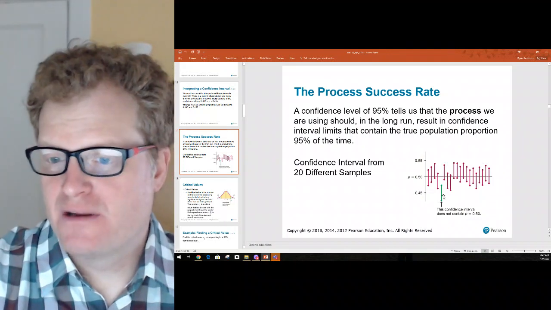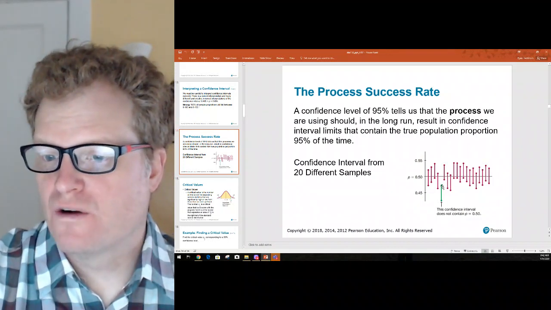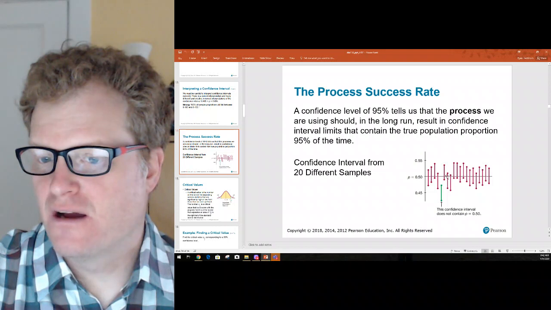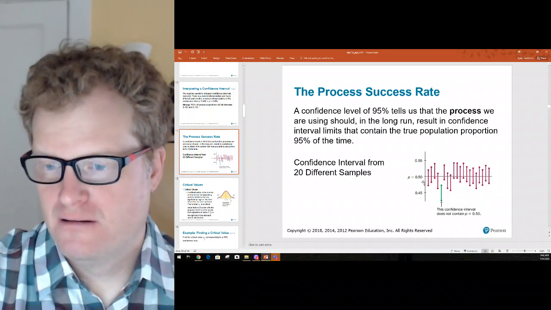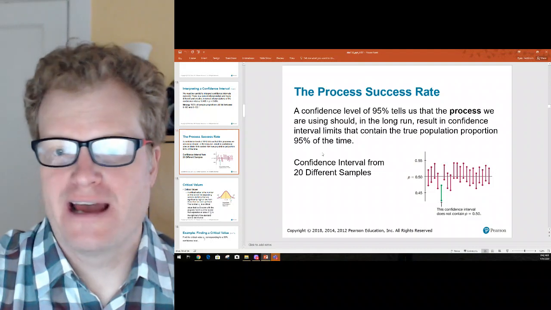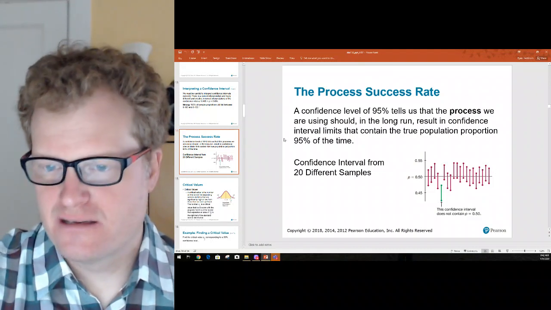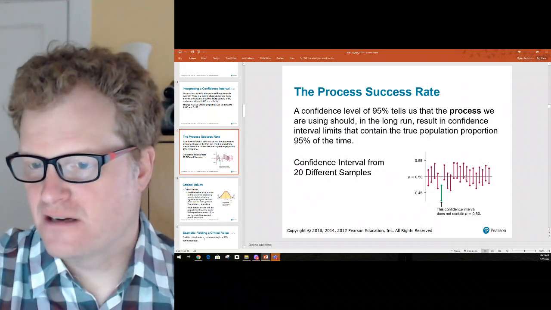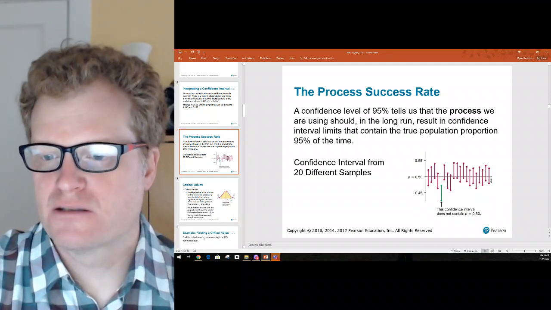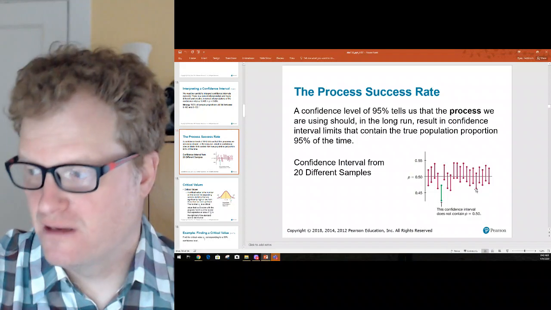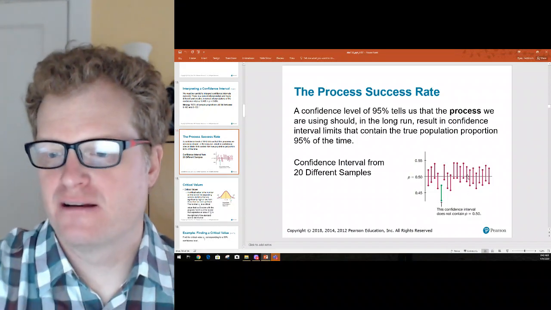And what's going to happen is that you're going to have some sampling where it's actually not going to be on exactly 0.5. You might get a run of one or the other. But most of the time, and not only that, 95% of the time, these confidence intervals that we generate are going to actually have this true population proportion within the margin of error that they establish.